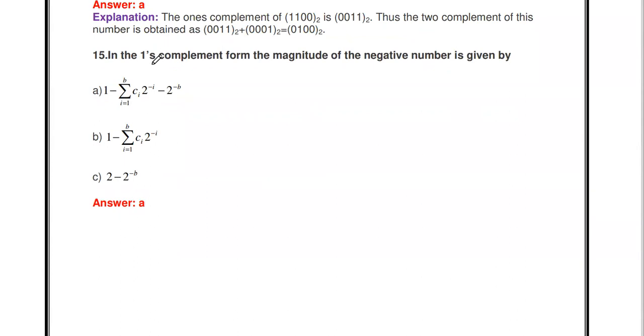Then the next thing: in 1's complement form, the magnitude of a negative number is given by what formula?